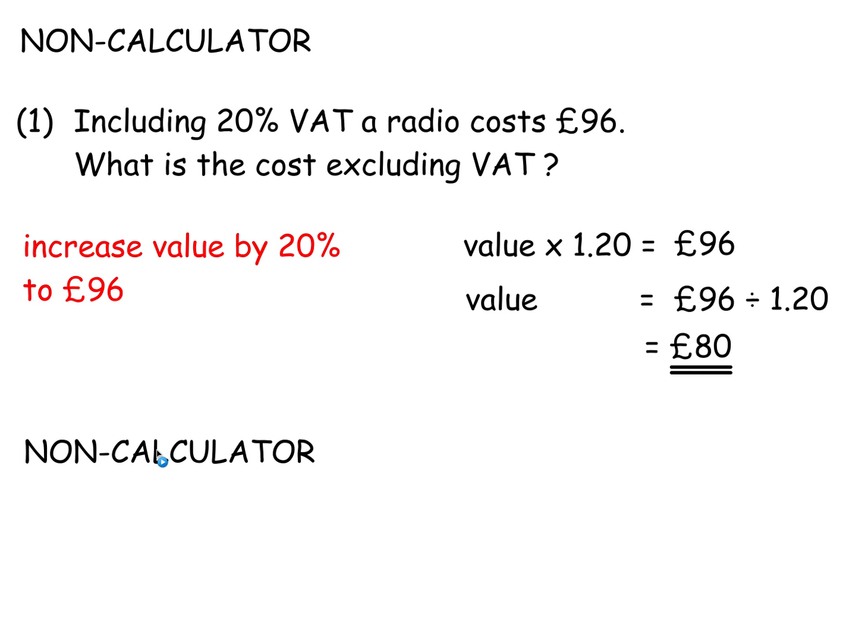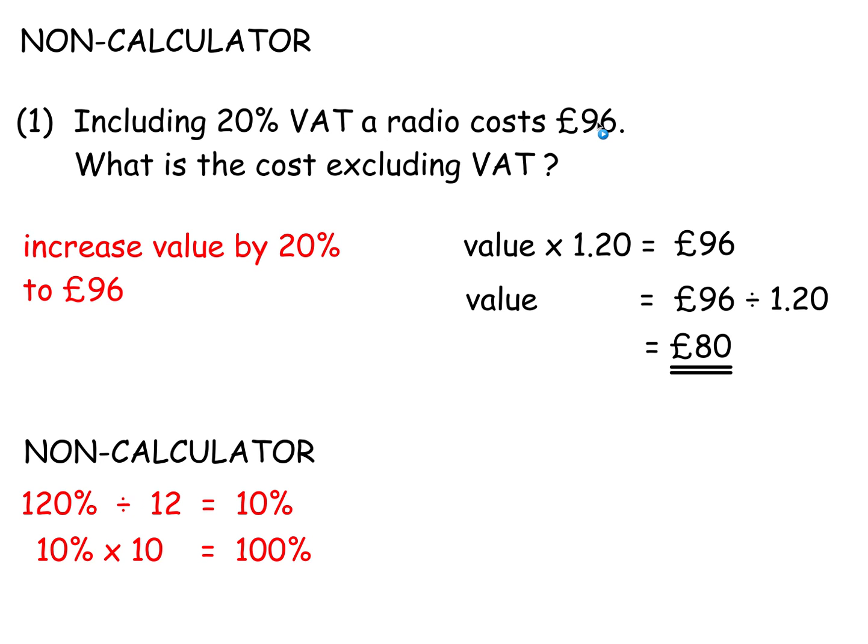What would usually be the case is you would think, I'm paying for 120%. So if I'm paying for 120%, if I divide that value by 12, I'll find out what 10% would cost. And once I know what 10% is, I can times it by 10 to make 100%. So £96 is 120%.